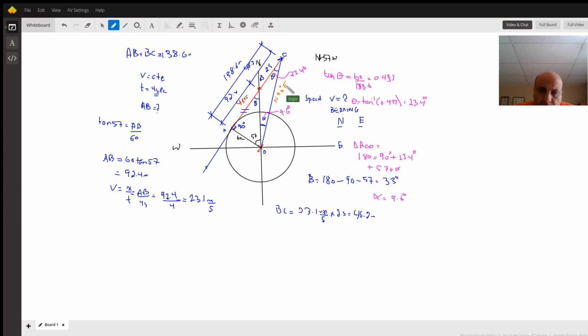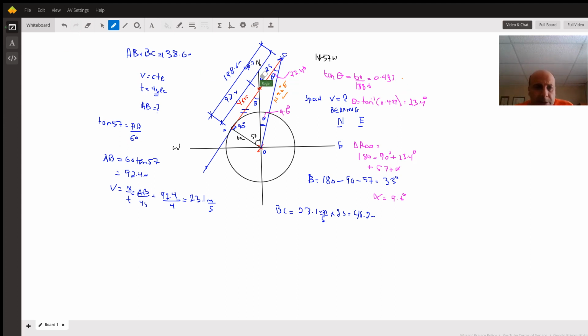As I said before, as soon as you pass this point and you go traveling in the same direction, you are now in the northeast bearing. And you can see that the angle here is only 9.6 degrees. So this is one answer that the problem is asking you.